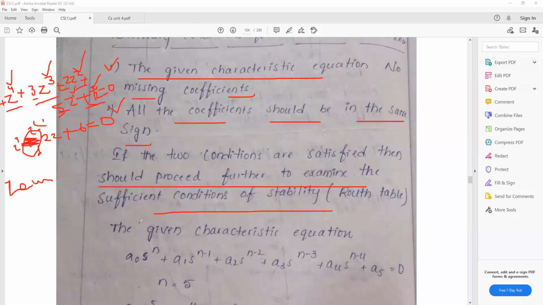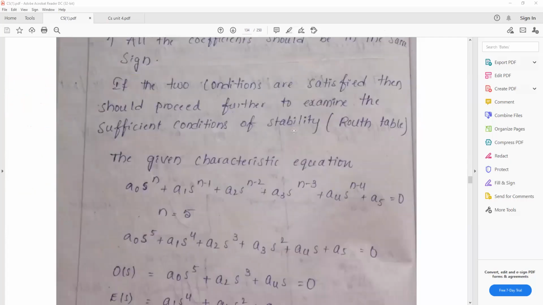Okay, so in the given characteristic equation, the two points: first point, no missing coefficient; second point, all the coefficients should be in the same sign. So next, further go on to examine the Routh-Hurwitz Routh table. So after that, what should we do? Construct the Routh table. Constructing the Routh table, I will tell you, is very, very important and very, very simple.